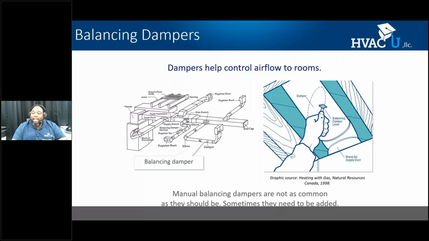And then I will put balancing dampers in, one, to make sure whatever area based on my load calculation sees the appropriate CFM. And then remember, in a different part of the season, let's say if I go from cooling to heating, those dampers will have to be repositioned to make sure that that part of the season gets the appropriate amount of CFM. So balancing dampers are required all the time, and they need to be operated properly.